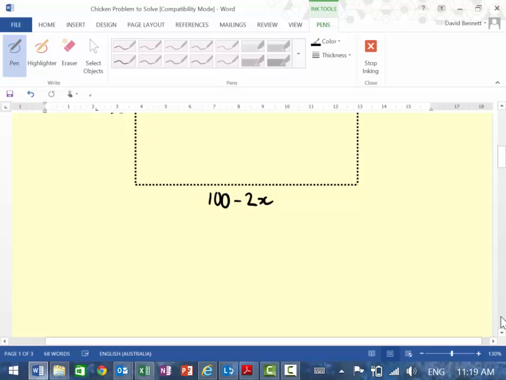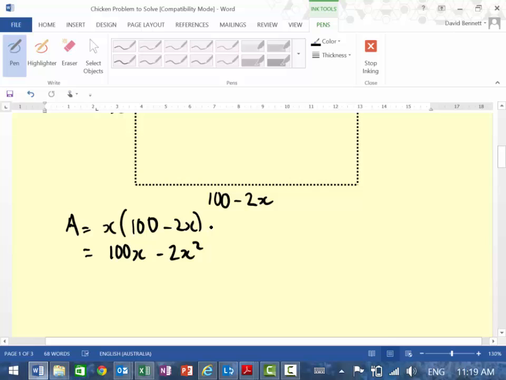One of the things I can say though is the area is going to be simply the x value by 100 take 2x. Agree? And then that's equal to, if I times 100 through, 100x take 2x squared.